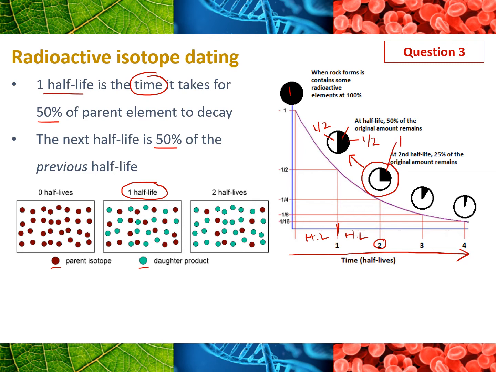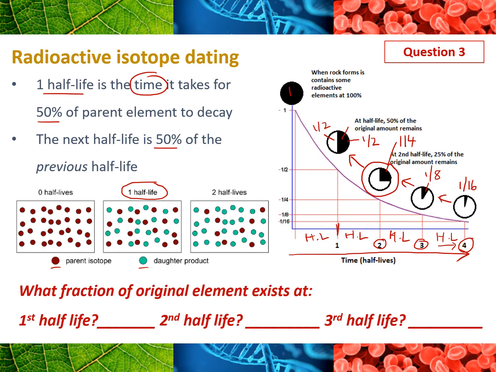So there's 1/4 of the parent element at the second half-life. And then the same when we go to our third half-life, it would be half of the previous amount, so half of 1/4 is 1/8. And if we went along to our fourth half-life, it would be half of that previous amount, which was 1/8, so it would be 1/16.